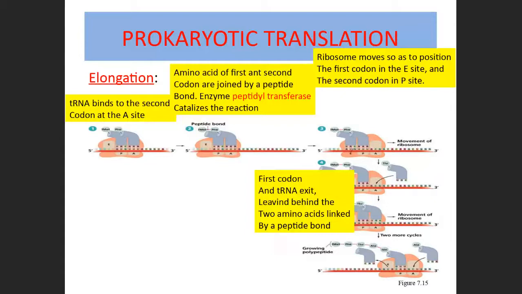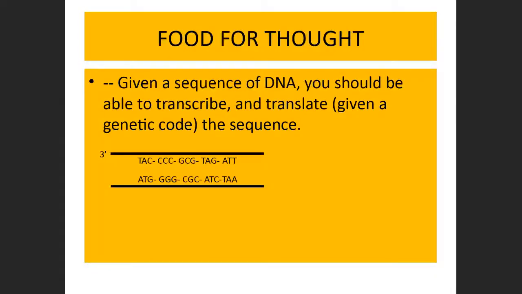So when it comes to translation, back to this right here. Given a double-stranded piece of DNA, you should be able to transcribe and translate the DNA. In this case, it doesn't have the promoter, but we're going to assume the promoter is on the left.